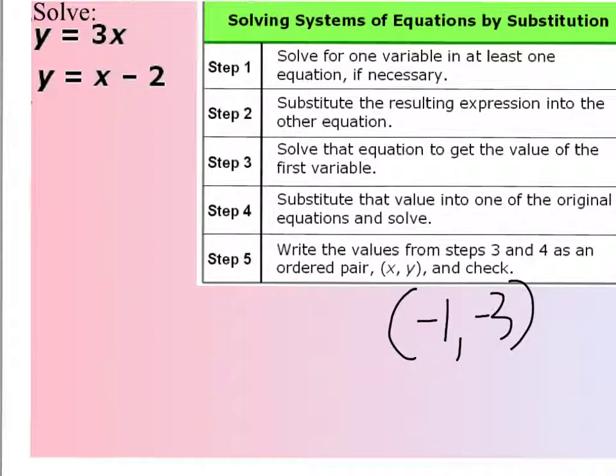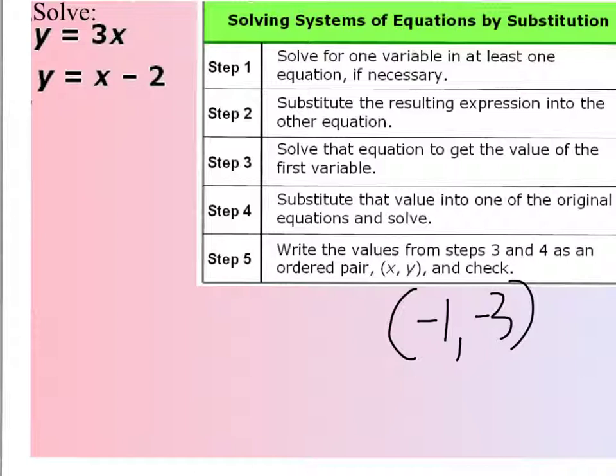I'm going to teach you another way of solving a system of equations, not by graphing, but by using something called substitution. The first step is to solve an equation for one variable. At least one of your equations has to have one variable isolated.